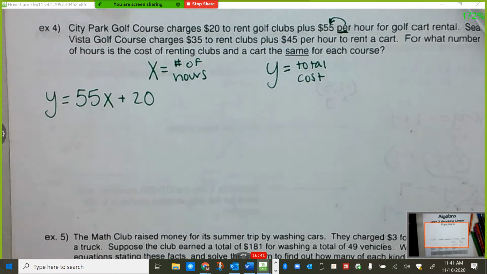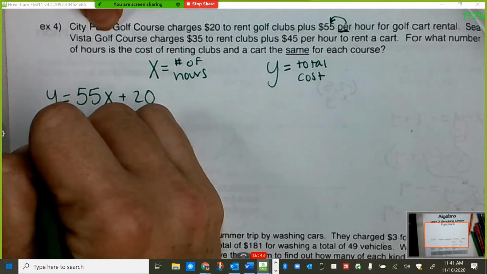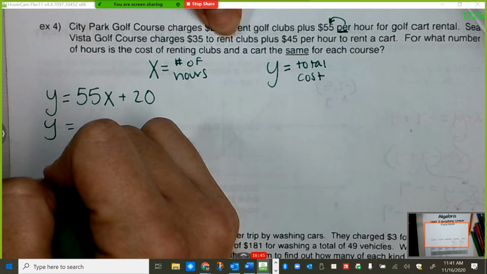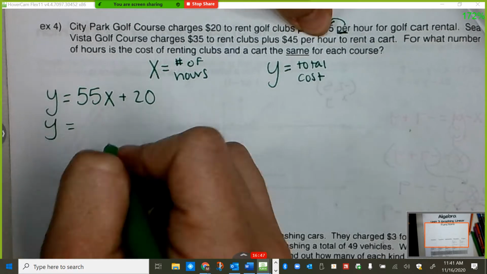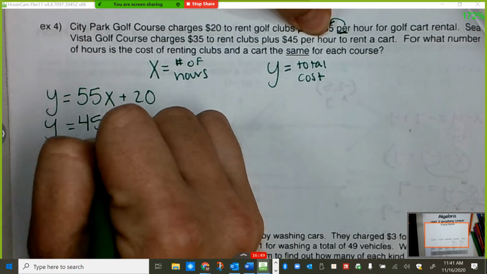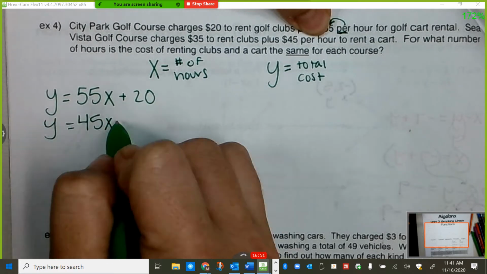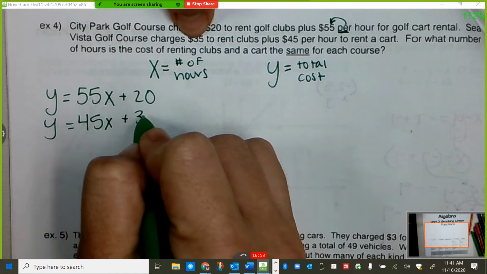Now, Sea Vista Golf Course charges $35 to rent clubs plus $45 per hour. So $45 per hour plus the club rentals.